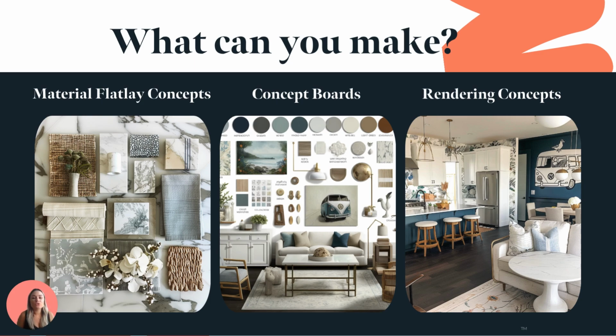Now, this is so important for you to know. Due to copyright restrictions and basically intellectual property, if you prompt for design boards or renderings or whatever your images are, you're not going to get the exact products, okay? It's going to basically show you lookalike items and it's going to give you ideas of the concept.